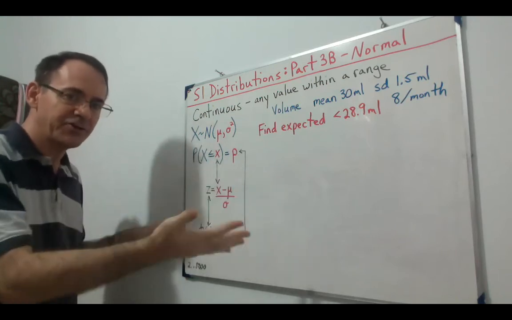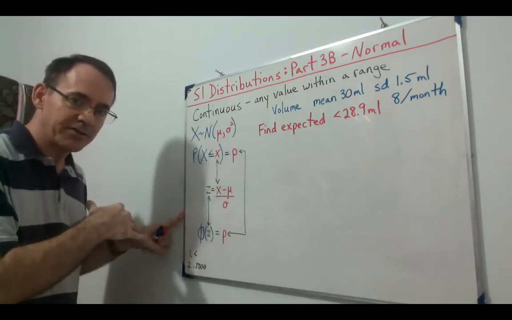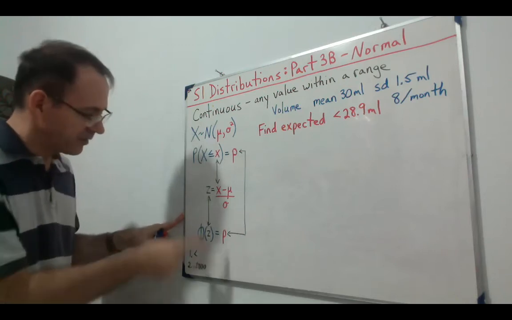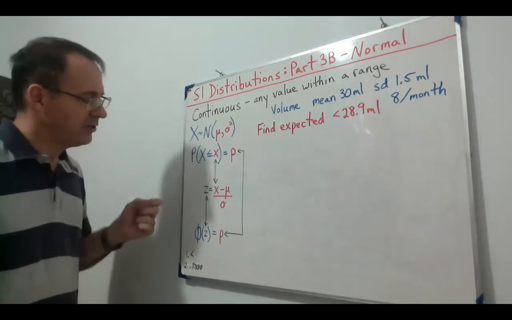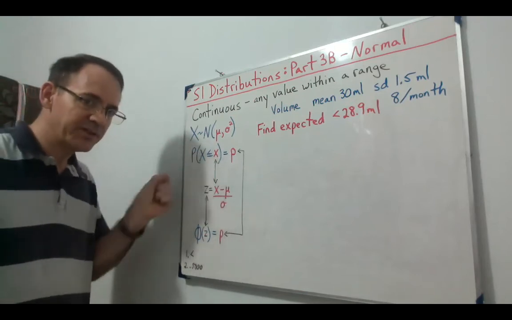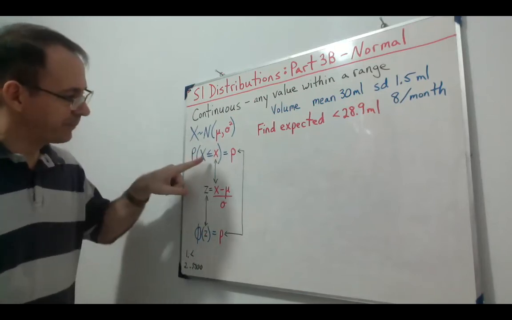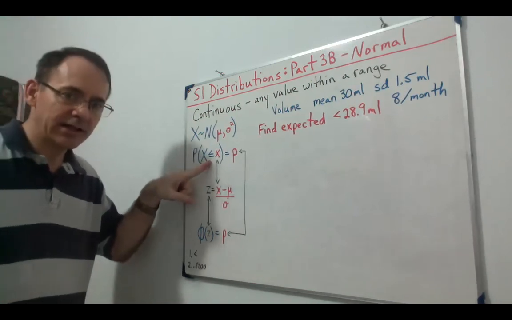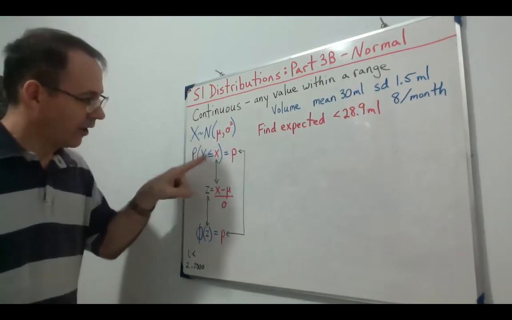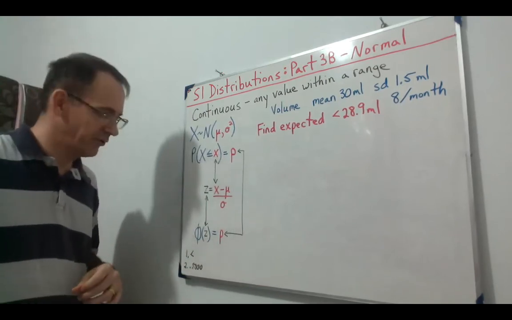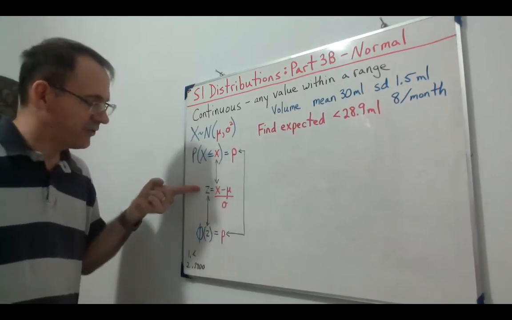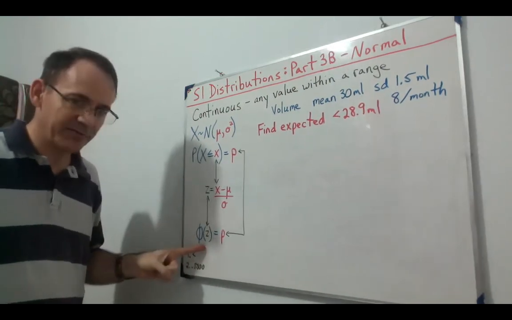So you have to understand the symmetrical nature of this chart. So in understanding this, then you can figure out the adjustments that you need to make. For example, if your inequality is a greater than, or if your probability is less than 0.5000, or if your z happens to be negative instead of positive.